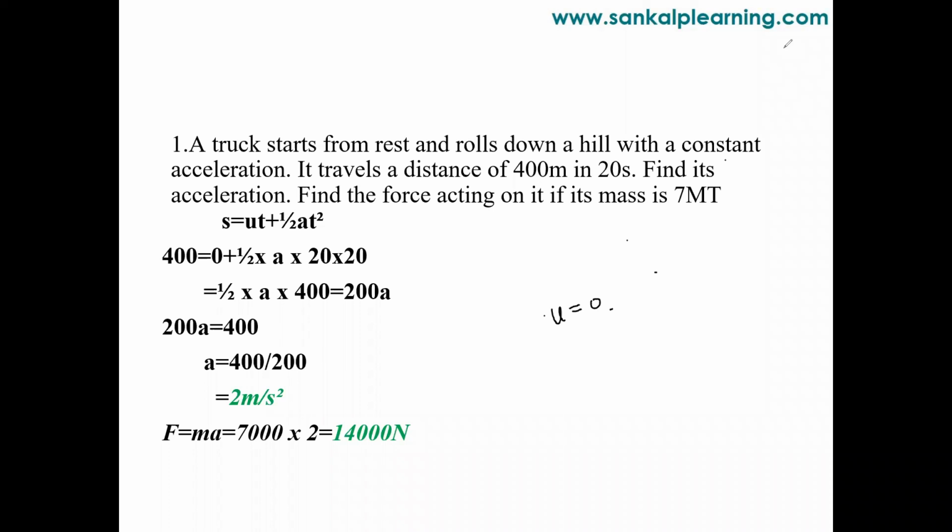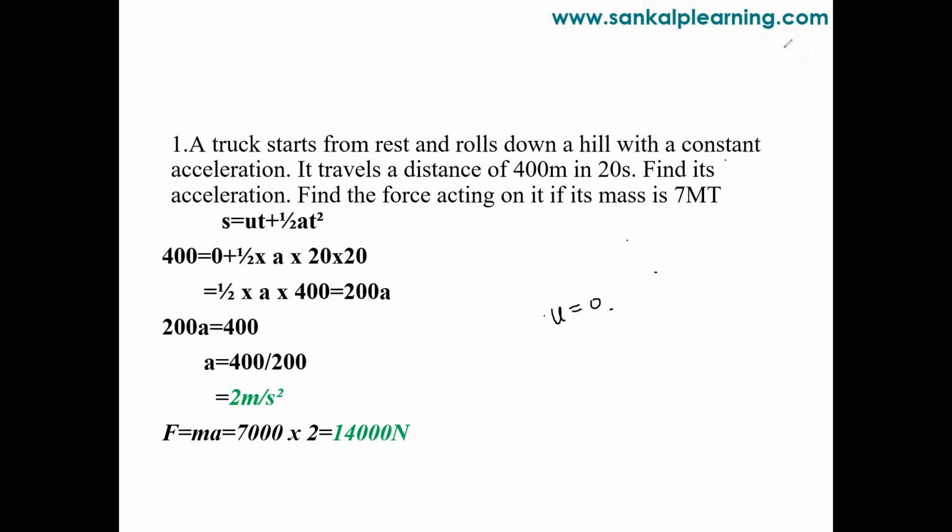Now you see the distance traveled is given by ut plus half at square. Here, initial velocity is 0. Therefore, the first term u into t becomes 0, plus 1 by 2 into acceleration a, which is unknown and what we need to calculate here, into t square, which is 20 into 20. And the distance traveled is 400 meter.